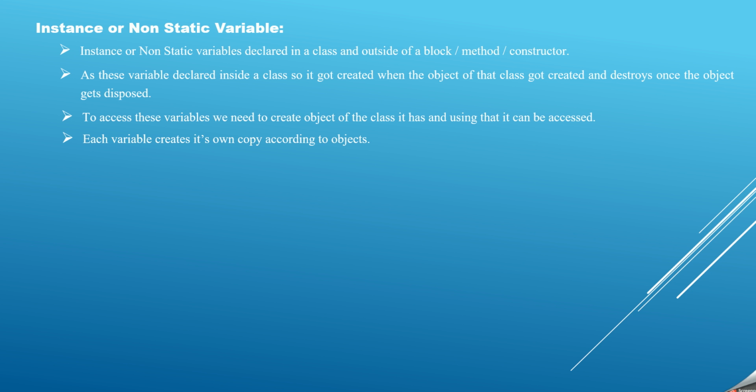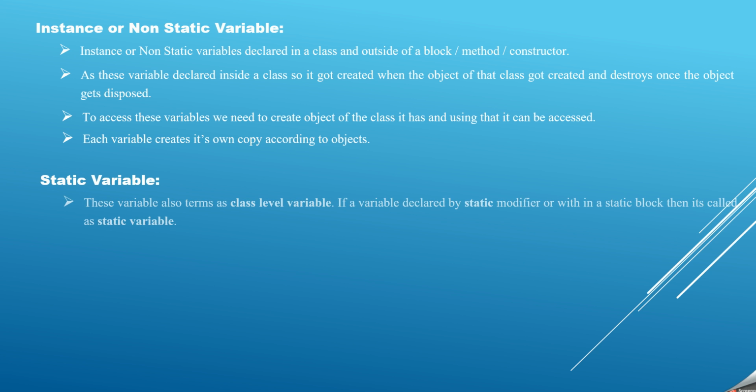A static variable is a variable declared using the keyword static, because it is declared with the modifier static. It is also known as a class level variable. A static variable gets created when the program execution starts and ends when the execution winds up.